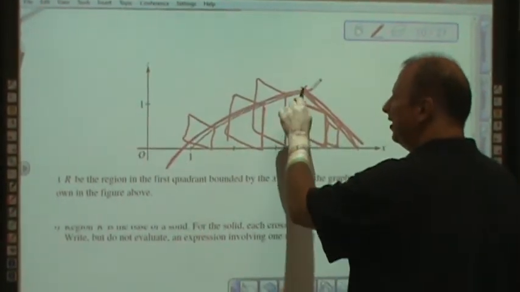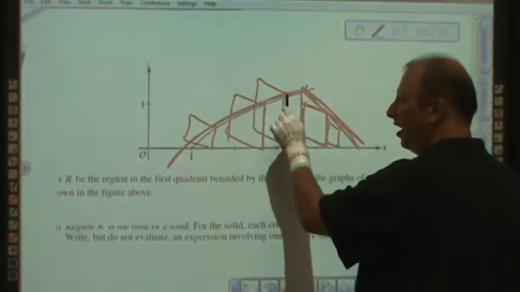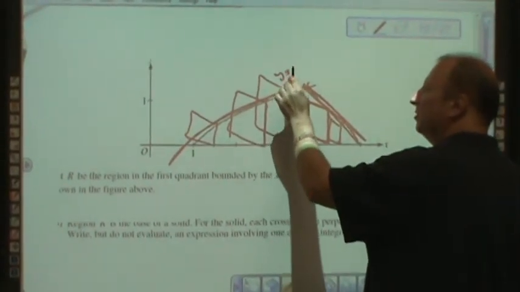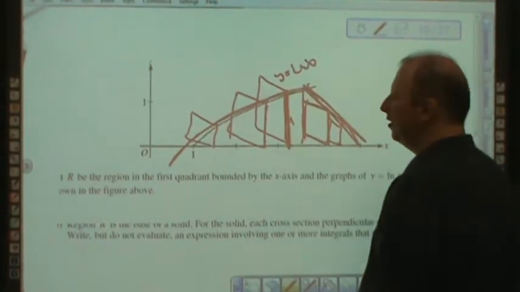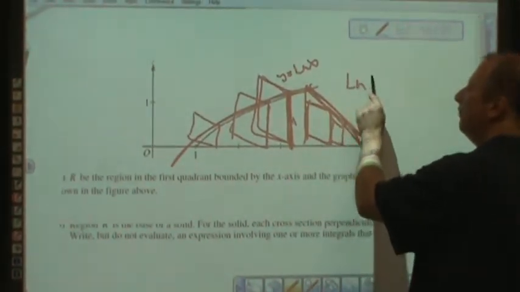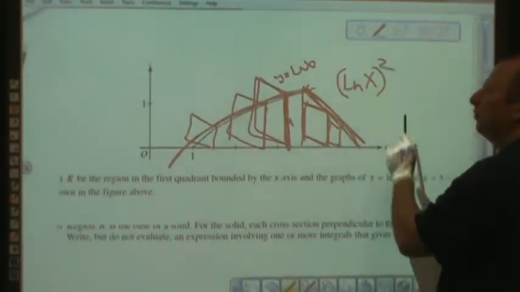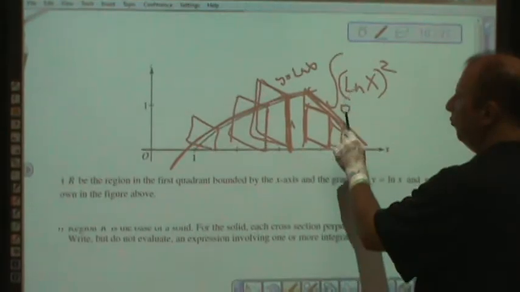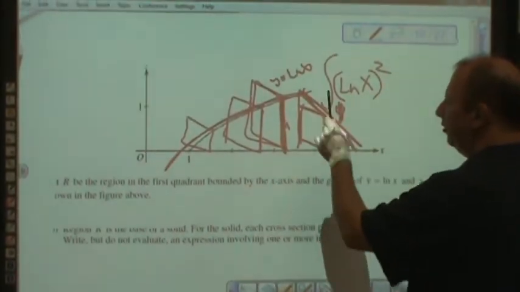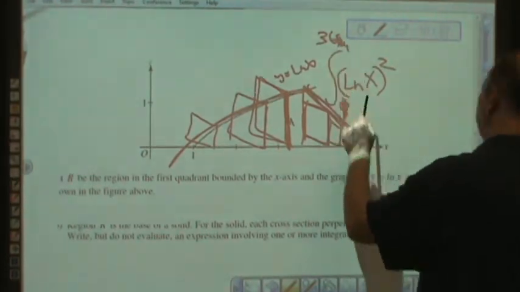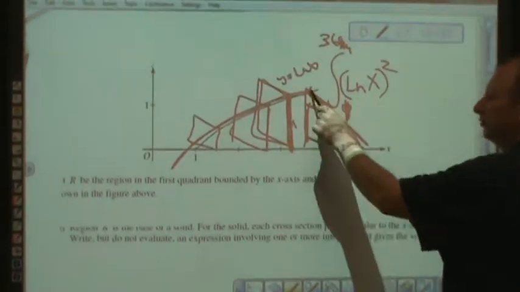If I look at the height over here, that's going to be y equals log of x. But if it's a square, it's log of x squared. We're creating a box from 1 to 3.69344, and we do the same thing here.